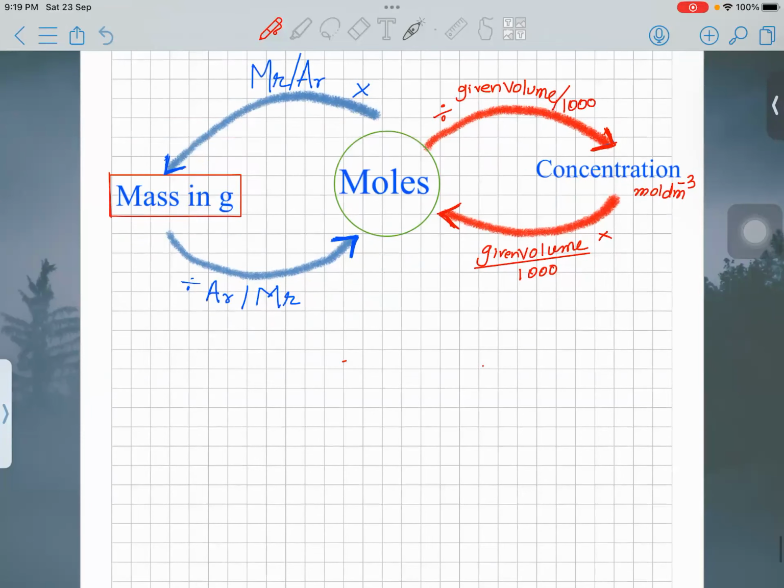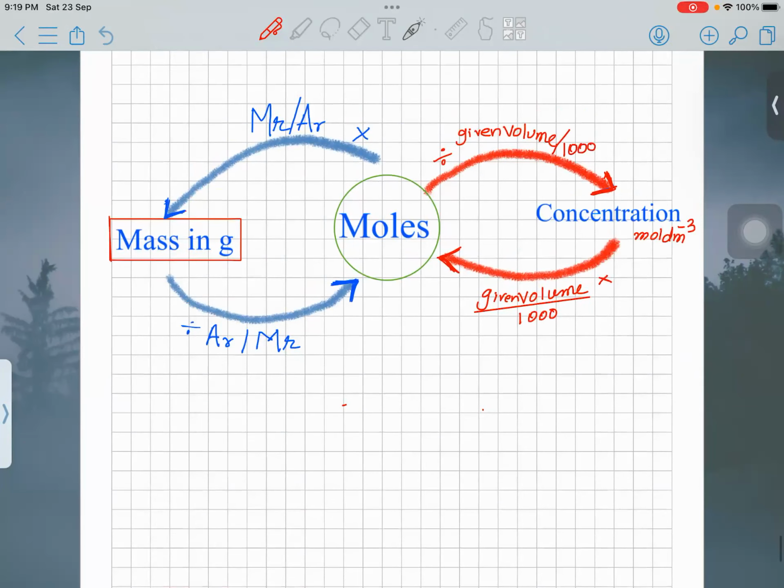So moles divided by given volume divided by 1000. When you have two divisions, it converts into multiplication. That's why I wrote 1000 divided by given volume. Yes, sir. Okay.